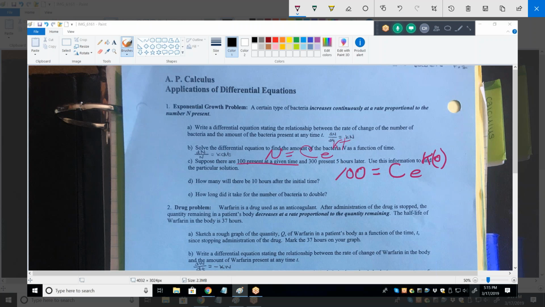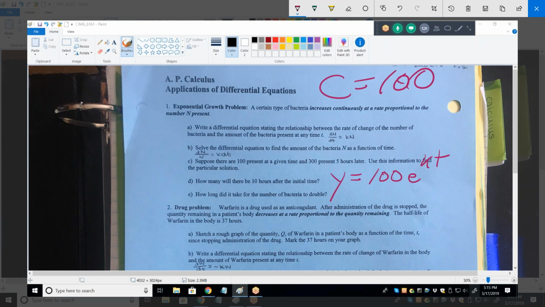So C equals what? So now we just have to solve for k. In other words, we know this much. y equals 100 times e to the kt. And the given time, I could have actually used any time, but 0 is very convenient because it allows me to solve for C.